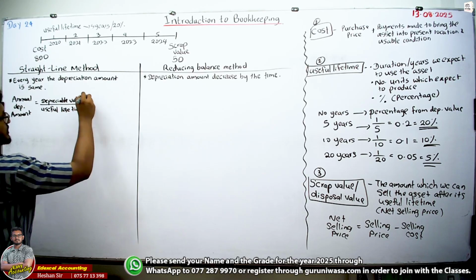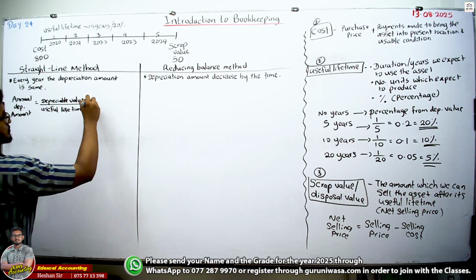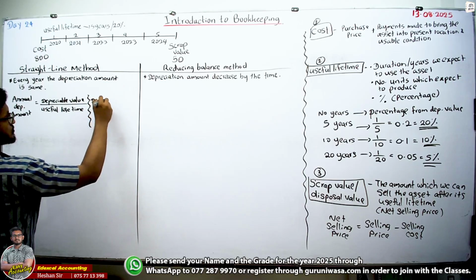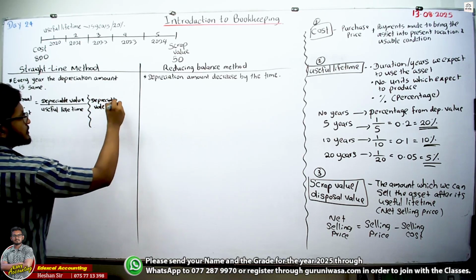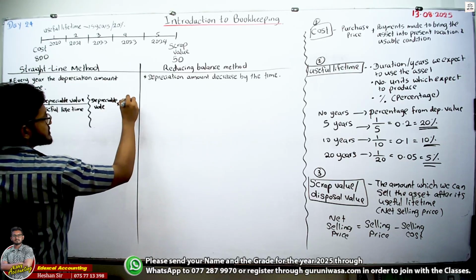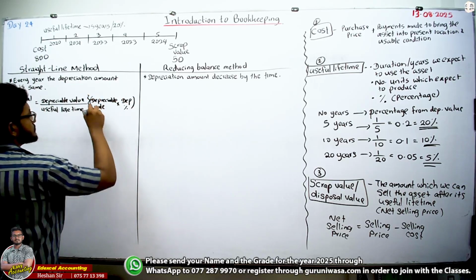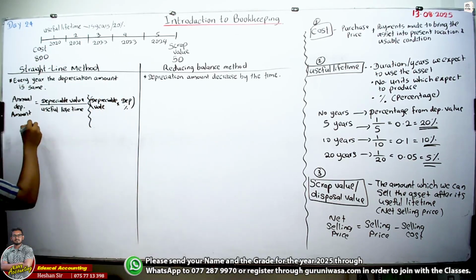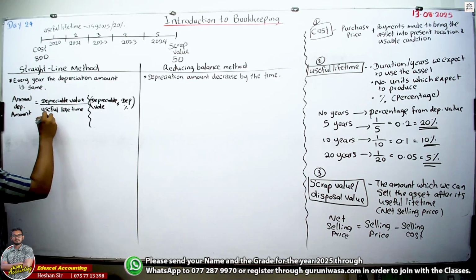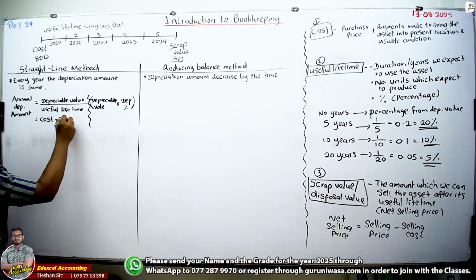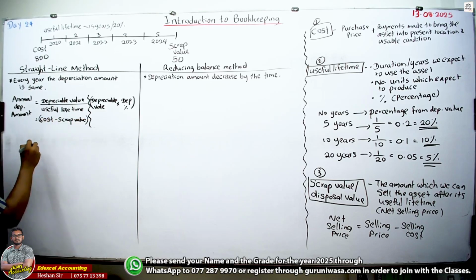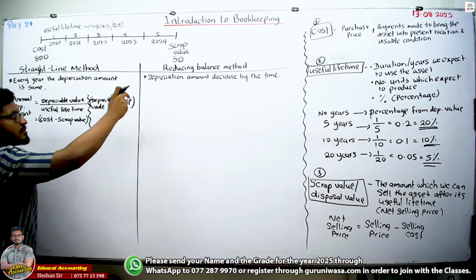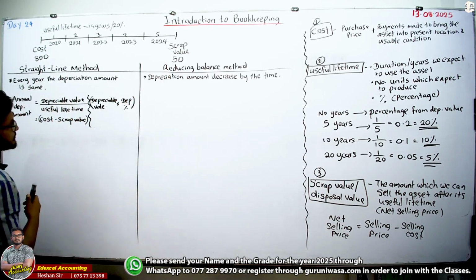Or in other words, the depreciable value multiplied by the depreciation percentage. Depreciable value means cost minus scrap value. Why? We don't need to depreciate the scrap value. Sometimes, on some occasions, the scrap value will be zero if we can't estimate it.